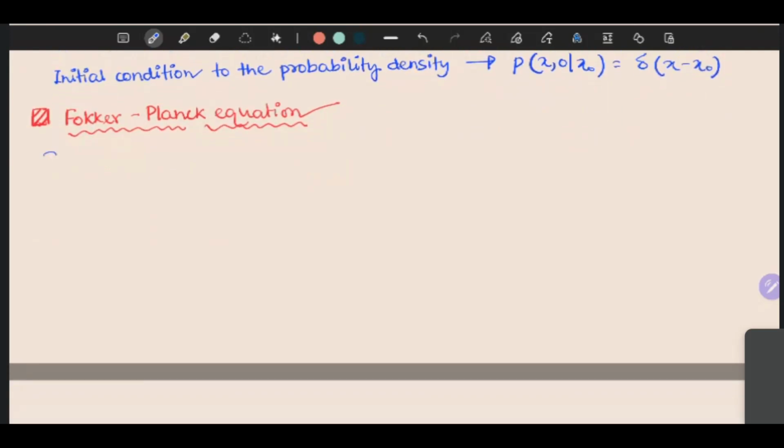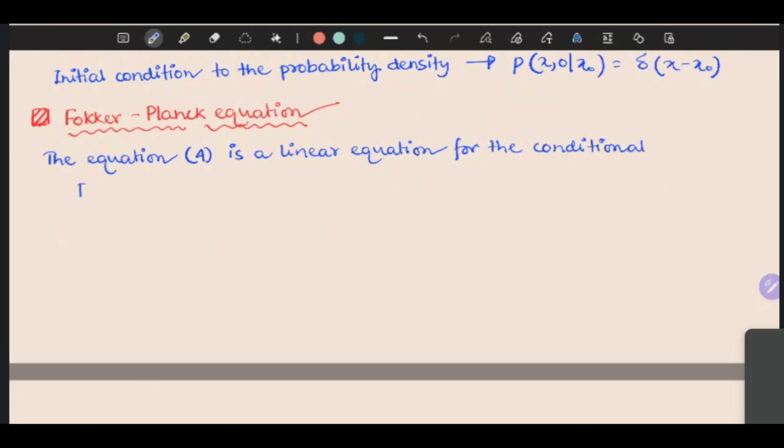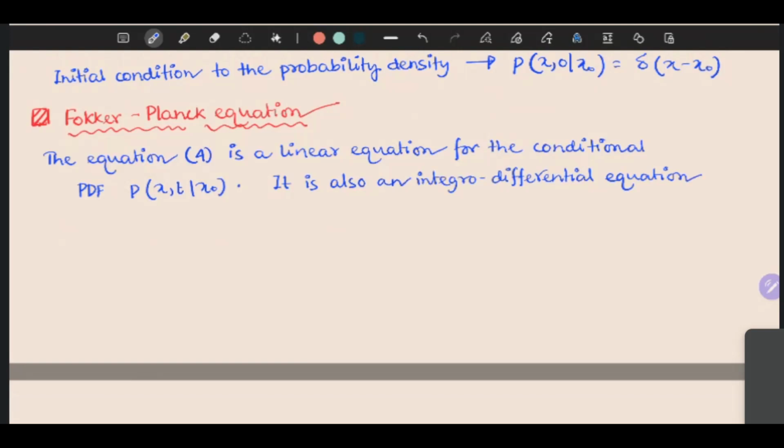So the equation 4 is a linear equation for the conditional PDF P(x,t|x naught), and it is also an integral differential equation.